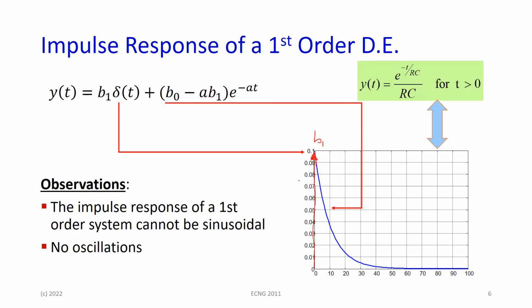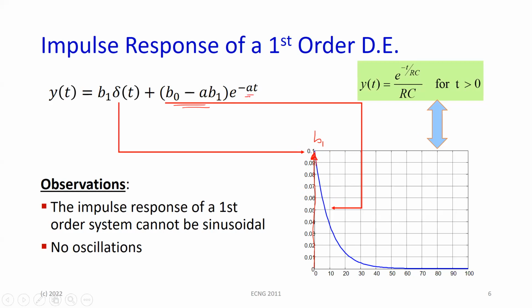Forget my axis here. I needed to give it some fake values in order to plot the graph, because b1, if it's an impulse, of course, is 0 width with an infinite height. So I have no way of really plotting that on a graph. And then this now is a decaying exponent. It starts at some value and it decays at a rate determined by a.